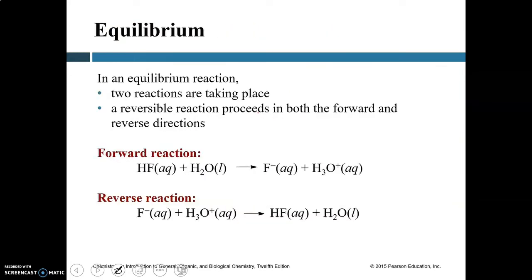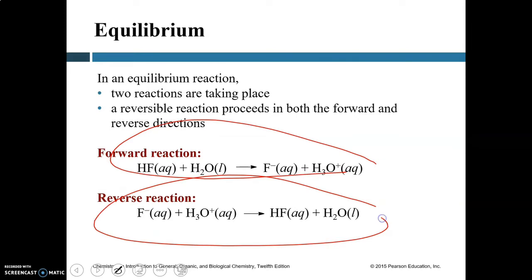So in a reaction that is in equilibrium, two reactions are taking place, and the reaction proceeds in the forward and the reverse direction. So here you can see two reactions, essentially this reaction being reversed to this reaction.